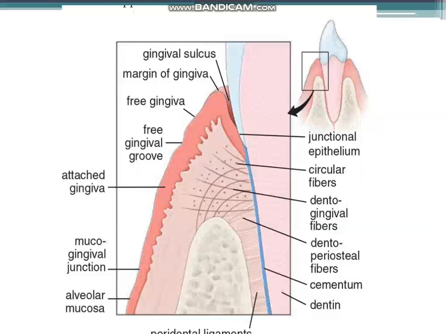The junctional epithelium forms a barrier between the bacteria-laden oral cavity and the sterile environment of the gingival connective tissue. So it isolates the connective tissue from the oral cavity, which is rich in bacteria and everything.